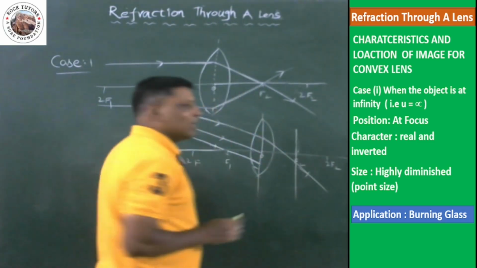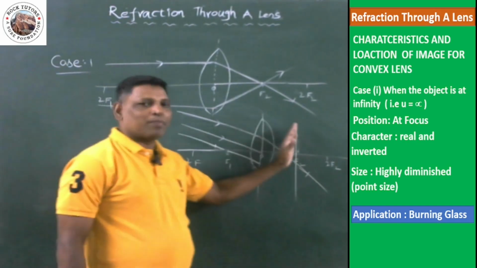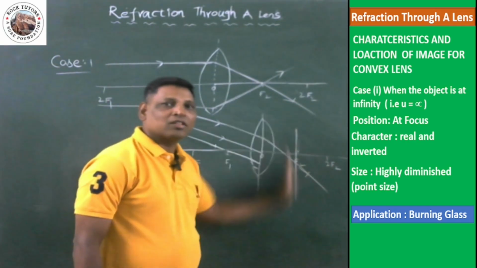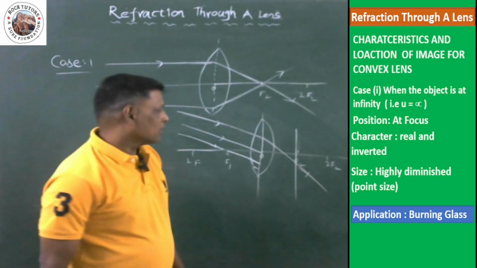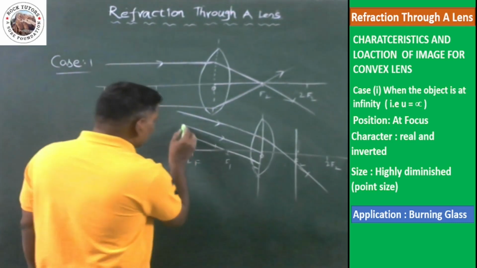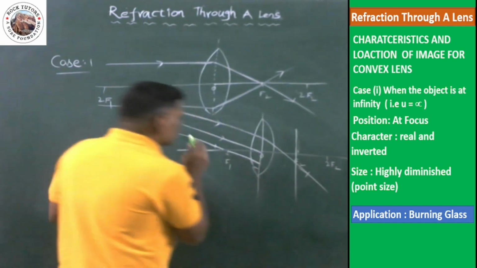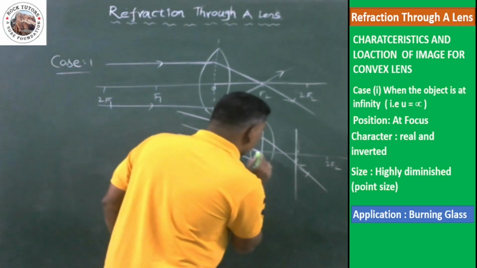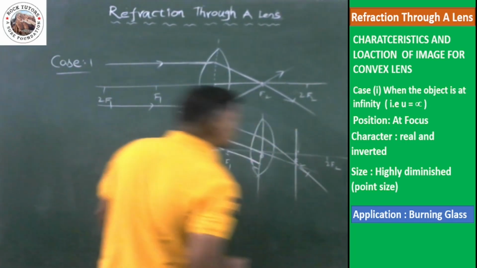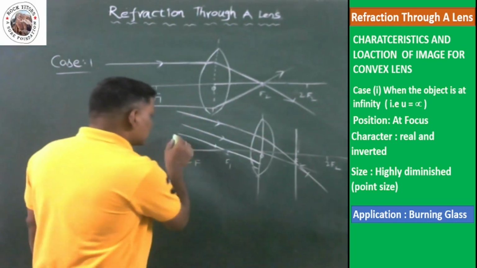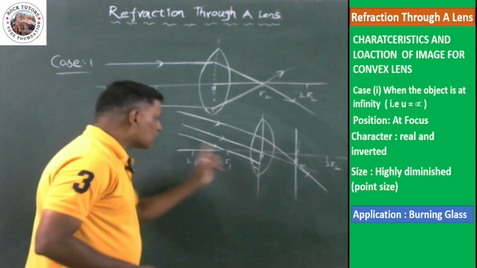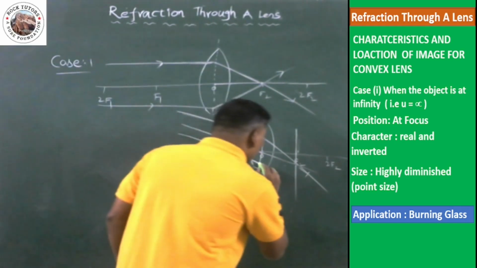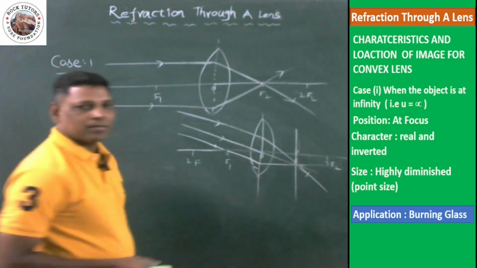Focal plane means an imaginary plane perpendicular to the principal axis and passing through the focus. Now we know that this ray is passing through the optical center, so it will not be deviated, it is undeviated. Now this ray is passing through the focus. After refraction, it will be parallel to the principal axis.